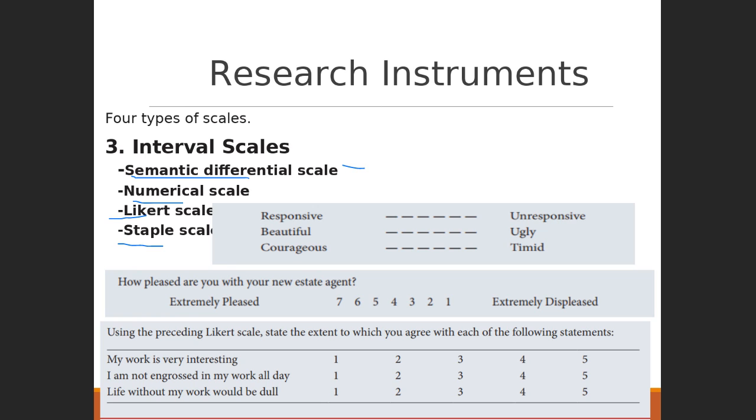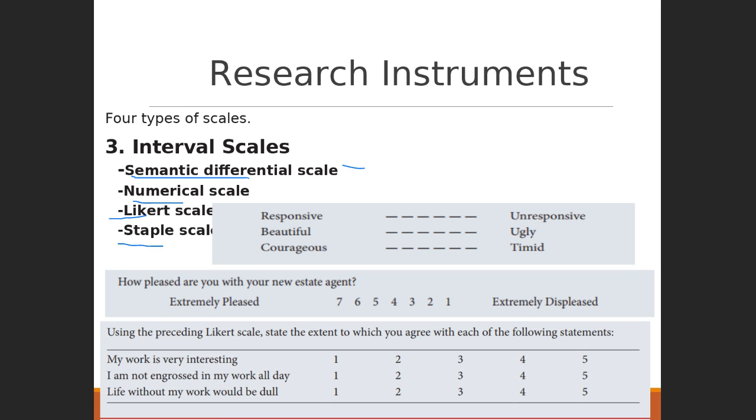For instance, the first type of interval scale is the semantic differential scale. In a semantic differential scale, several bipolar attributes are identified at the extremes of the scale, and respondents are asked to indicate their attitude towards a particular individual, object, or anything of interest on those particular attributes.